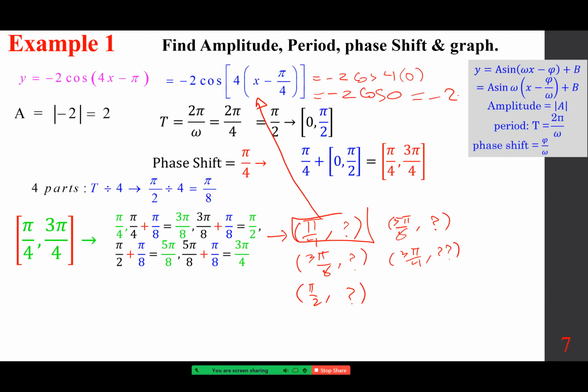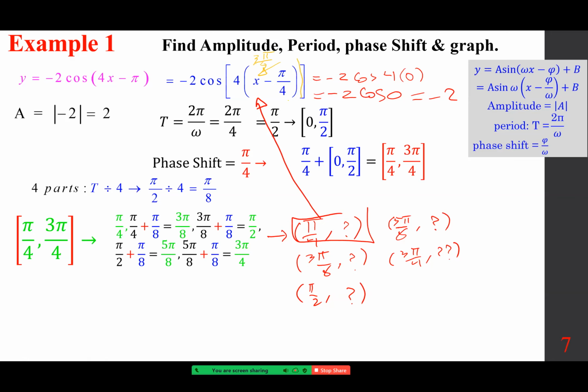I'm going to do one more, 3 pi over 8. If I put 3 pi over 8 minus pi over 4, I get pi over 8.